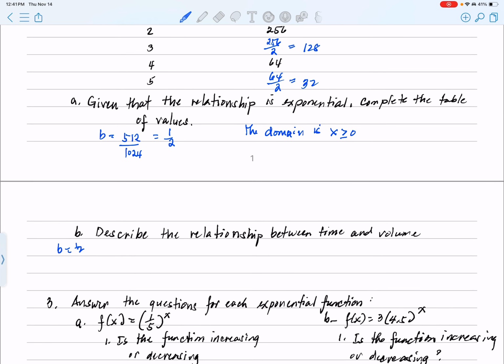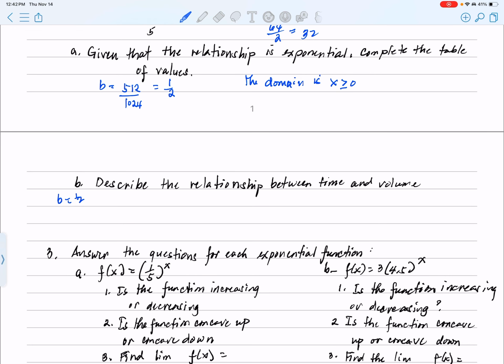So we could say that, okay, for every increase in time by 1 hour, the amount of water is divided by 2.